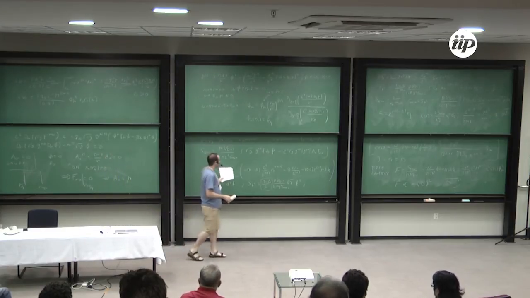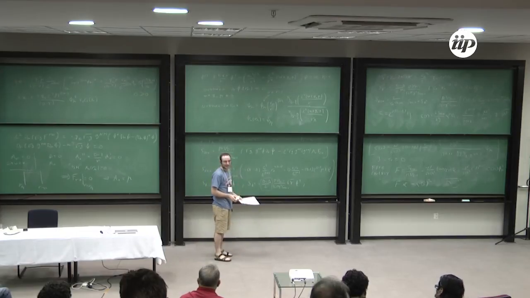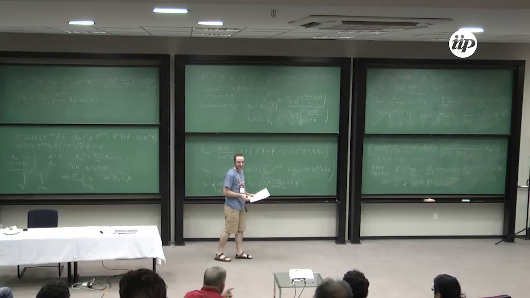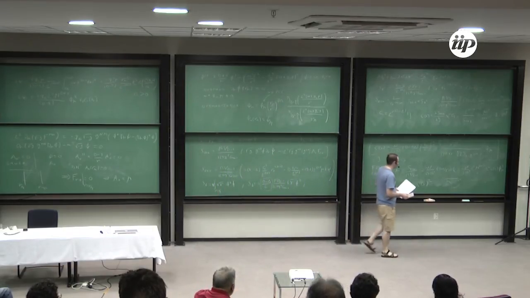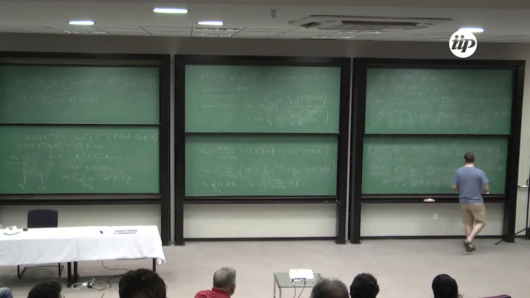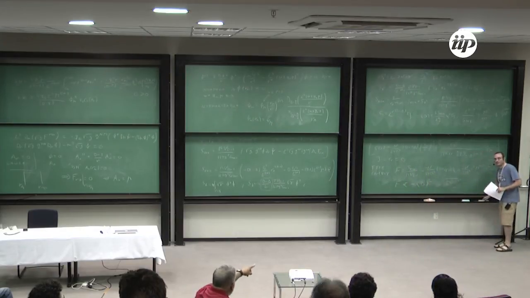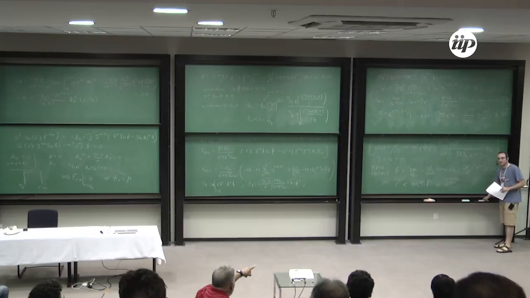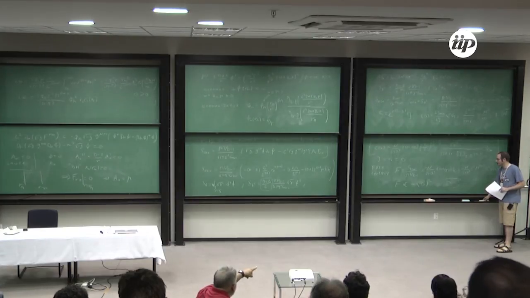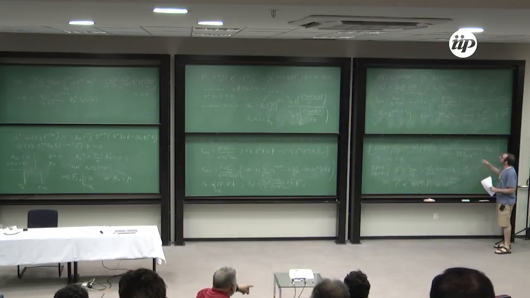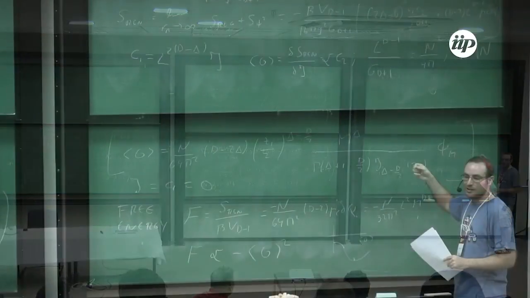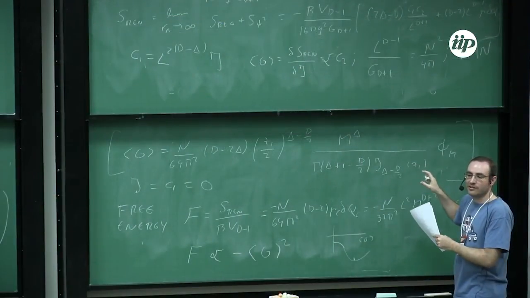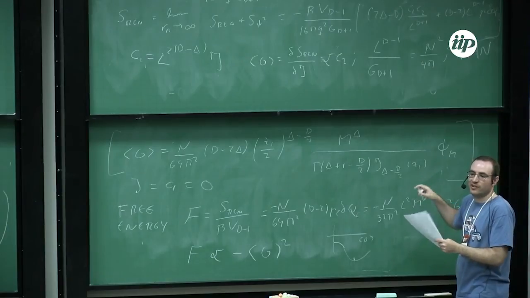Yeah, the temperature is like 0 temperature because I was taking pure AdS. Well, because I was taking the Euclidean and I was compactifying time, but it's like being in the confining phase.